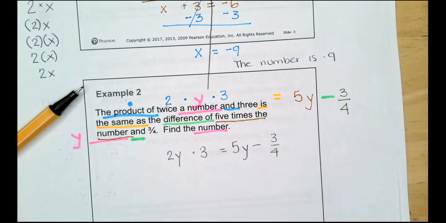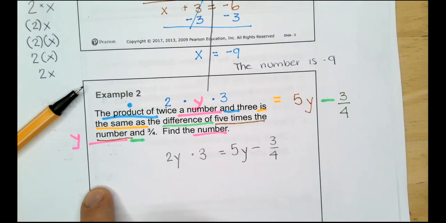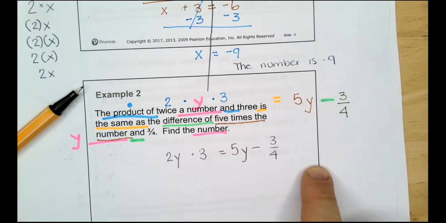We translated this first sentence into a math equation by highlighting the math operations and then representing them as numbers and letters. Now we need to solve the equation. Again, I want variables on one side, constants on the other.